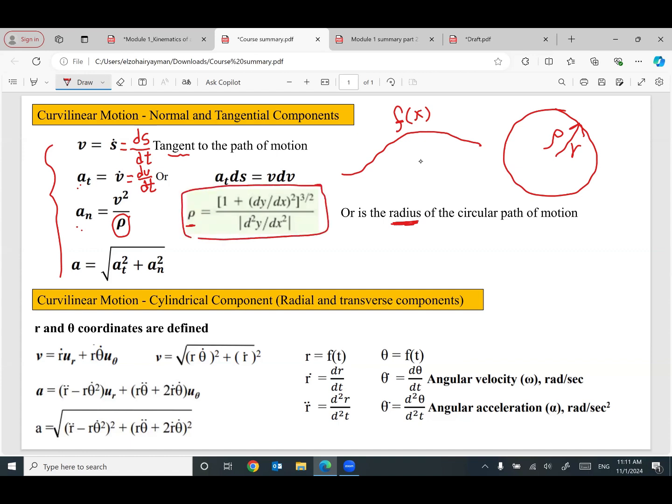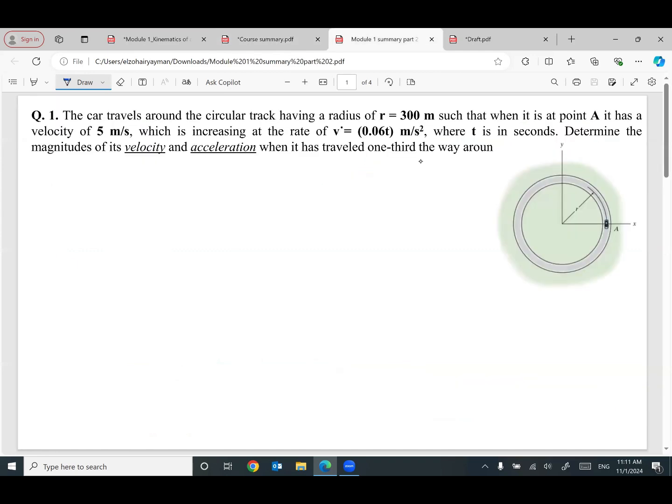Go back to the recorded videos, you can find many examples. Does that make sense? After you get the tangent and the normal components of the acceleration, you can get the final value of the acceleration by taking the square root of the tangent component squared plus the normal component squared.